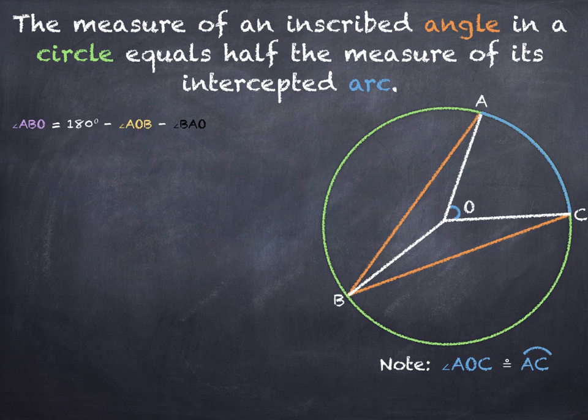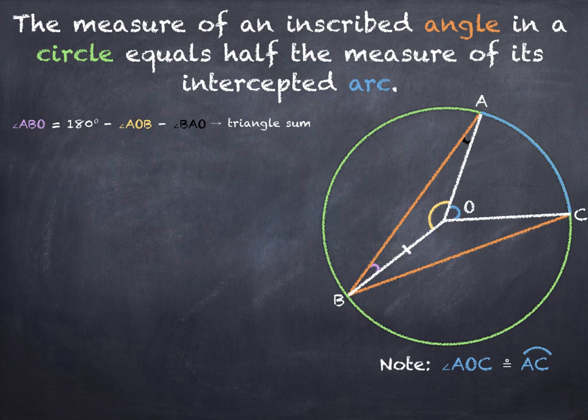We have that angle ABO equals 180 degrees minus angle AOB minus angle BAO because of our triangle sum. Now because O is the center of our circle, OB and OA are both radii.